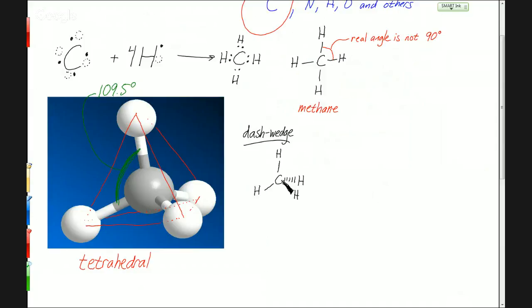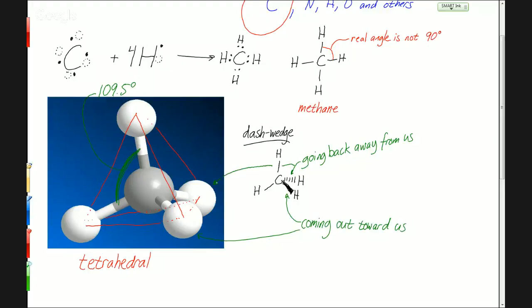I should note that the dash is coming out toward us, just like this one over here, and the wedge going back away from us, which is like this one.